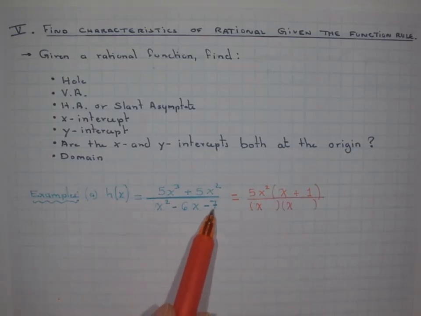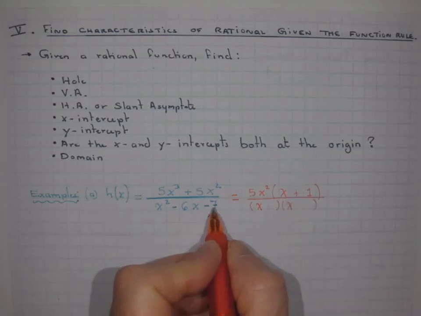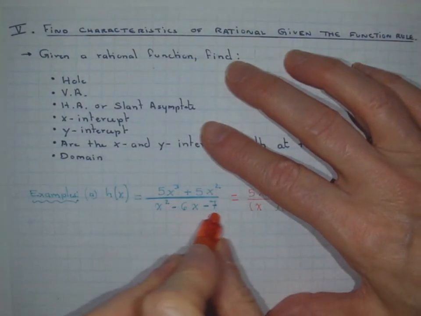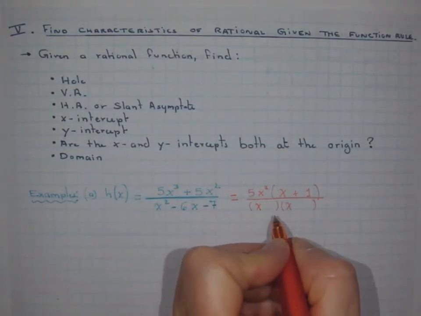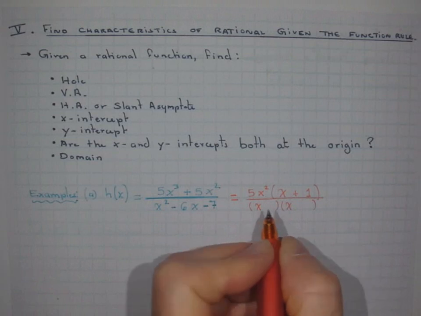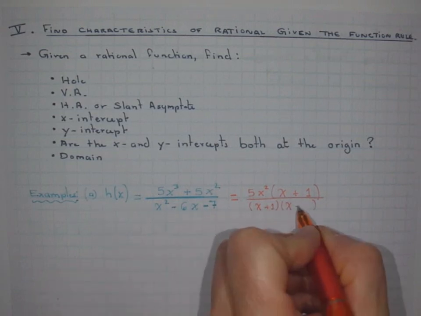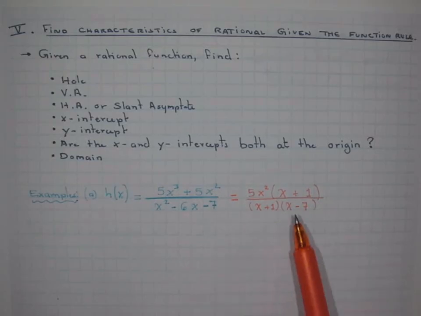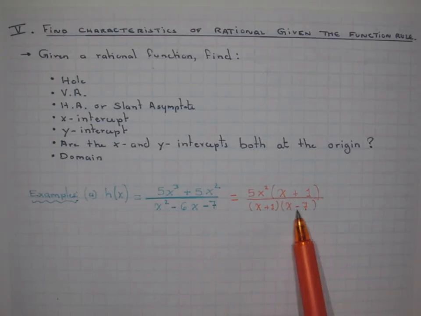And then I need a negative 7 here, but I want to end up with a negative 6, so it's going to be a positive 1 and a negative 7. Positive 1 times negative 7 is negative 7, and when I add those, I get negative 6, so I'm good to go.